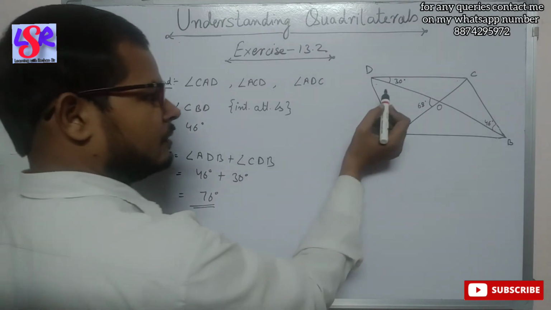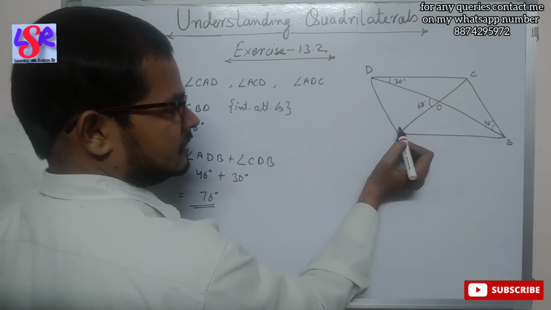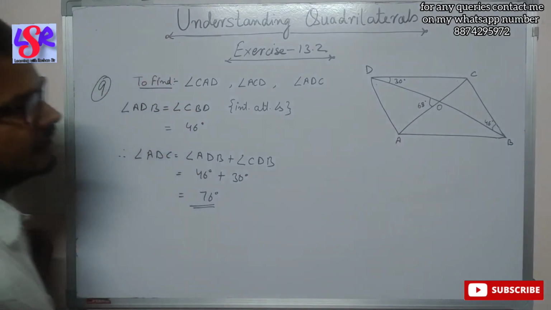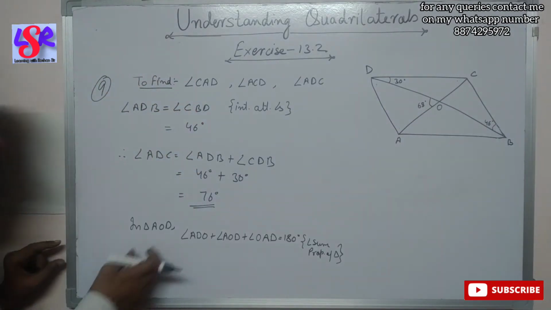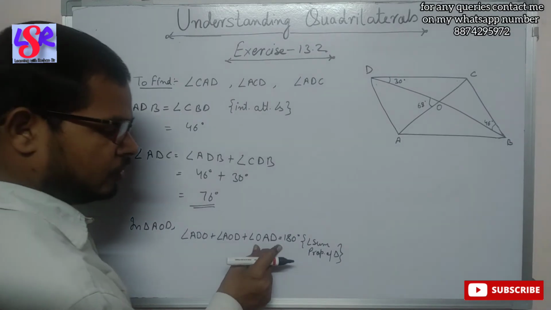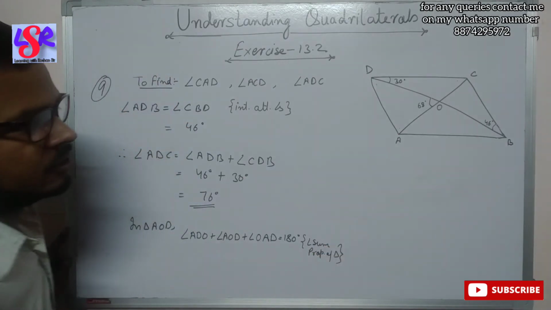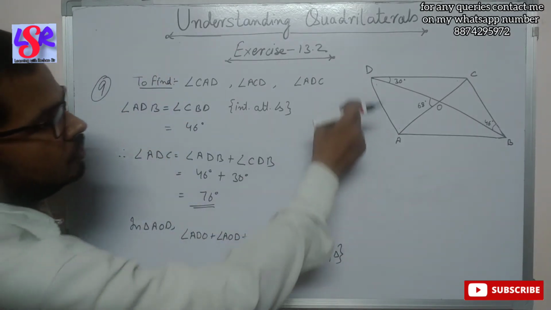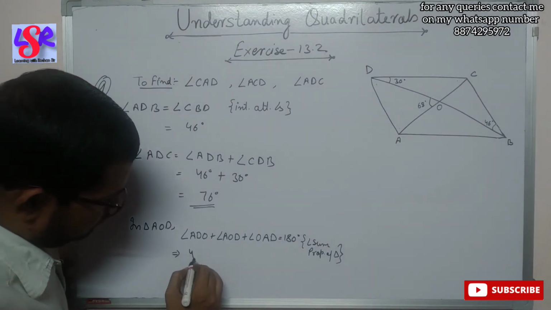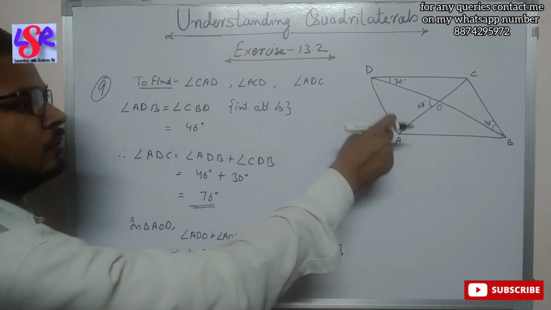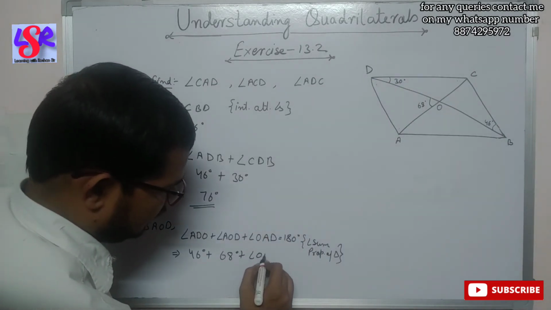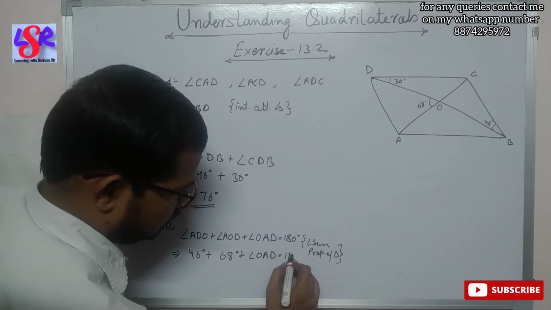Now with the help of this angle, we can find out this angle as we are having this angle and this one. So by angle sum property in triangle AOD we have angle ADO plus AOD plus OAD equals 180 degree by angle sum property of triangle. So ADO we have just calculated, and this is 46 degree plus AOD we have 68 and OAD we have to calculate equals 180 degree.